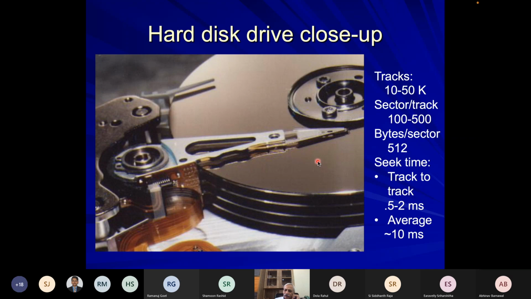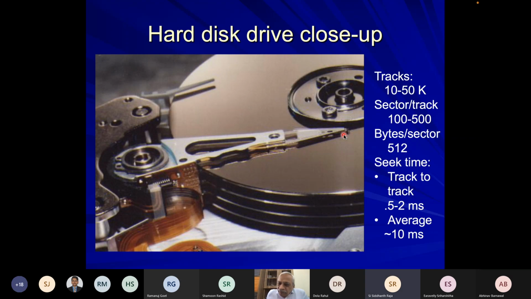Initially the head has to be positioned on that track, and then knowing which starting sector you want, when the disk rotation leads to that sector being in phase with the read-write head, then the reading or writing would start.